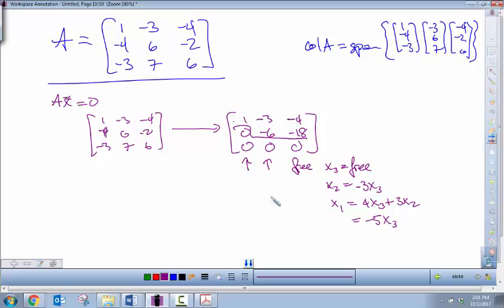So then we can essentially write our x solutions as x3 times -5 for x1, -3 for x2, and this is just being multiplied by 1. So this is our null space.